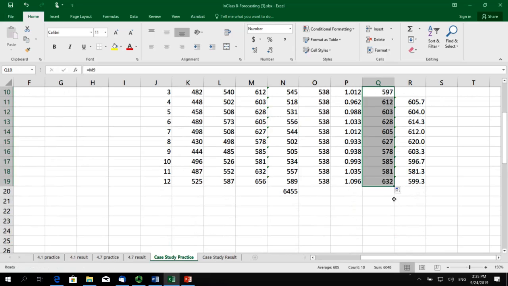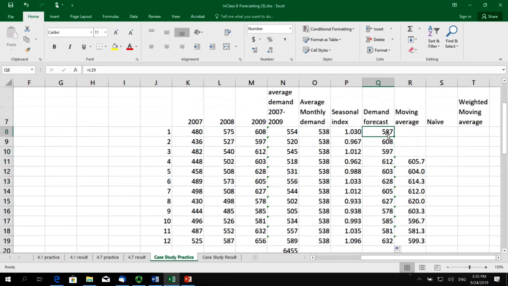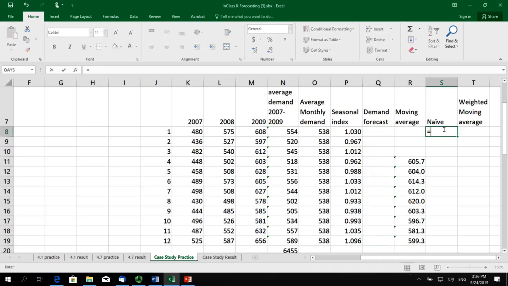So the naive model just uses the previous one to be the prediction. For moving, where did I put? Okay, so this should not be my naive model. So this is naive. Naive should be this one equals here.